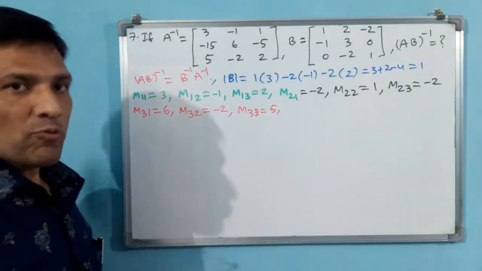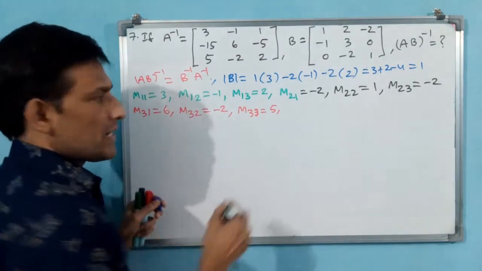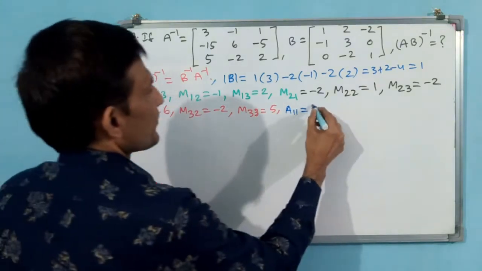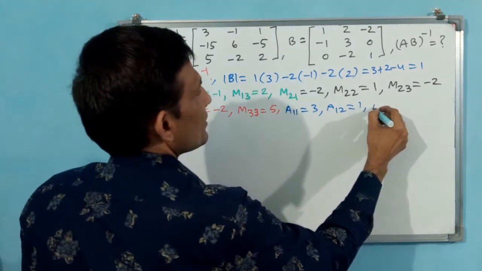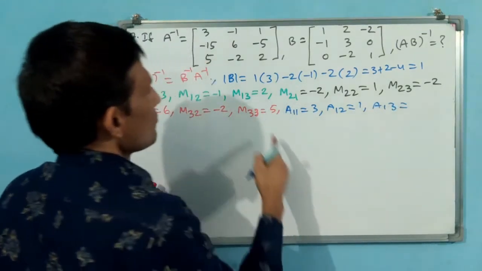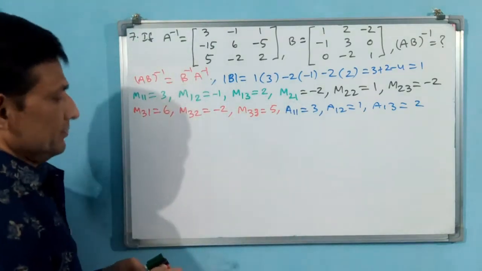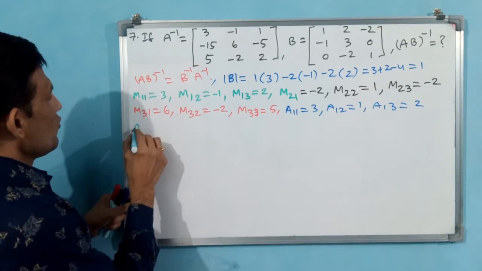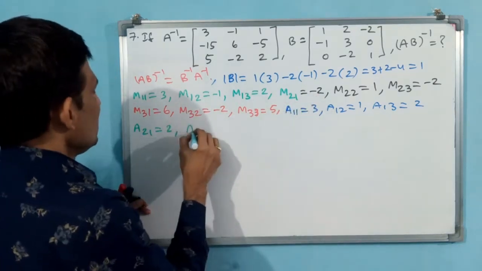See, these are minus. Let us write cofactors. See, cofactors you need not find. Just you have to change the sign. Okay. A11 is equal to same, 3. A12 is equal to change, 1. A13 is equal to same, 2. A21 change, minus 2 means 2.